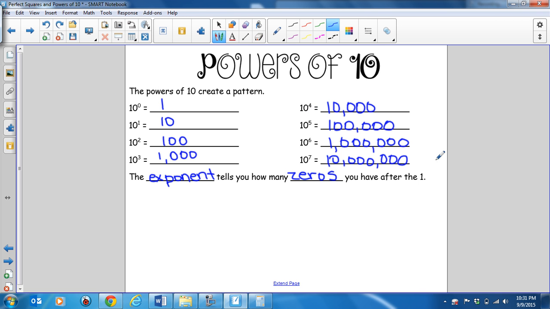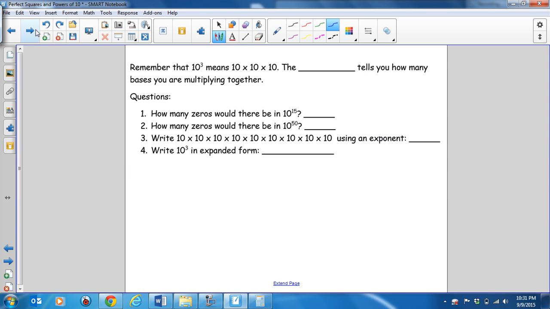So powers of 10 work the same way, but there is this little pattern where the exponent tells you how many zeros you have. Remember that 10 to the third power means 10 times 10 times 10. The exponent tells you how many bases you are multiplying together.